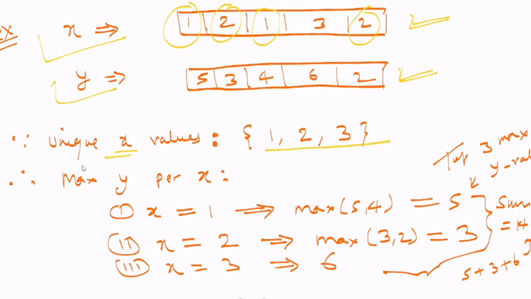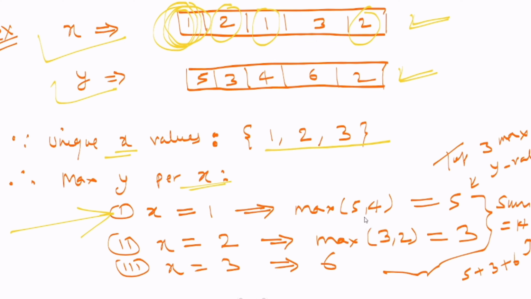If we look at the corresponding values in y, there are duplicates, so if we do the grouping, we look for the max value of y. For example, for x equal to 1, we look at the corresponding y values.